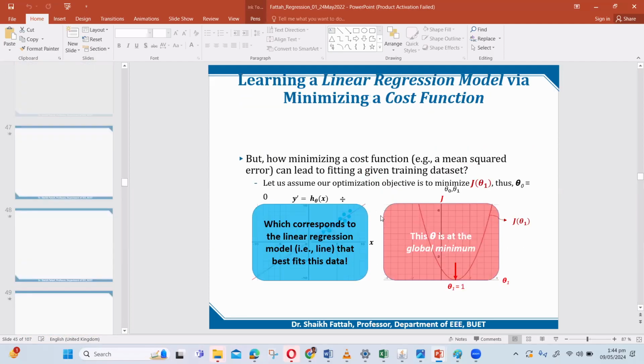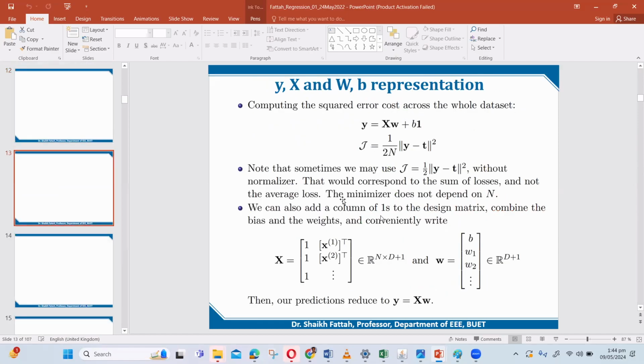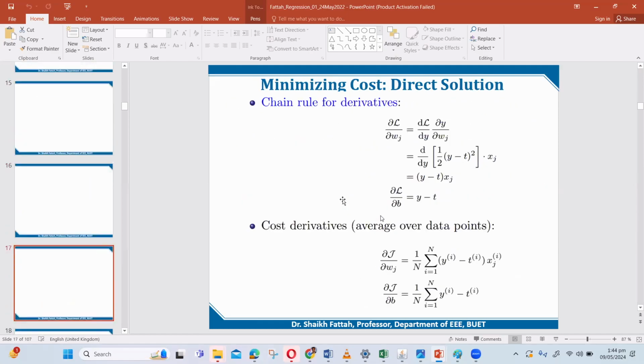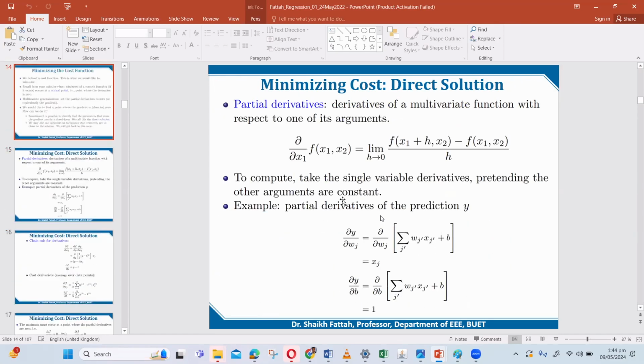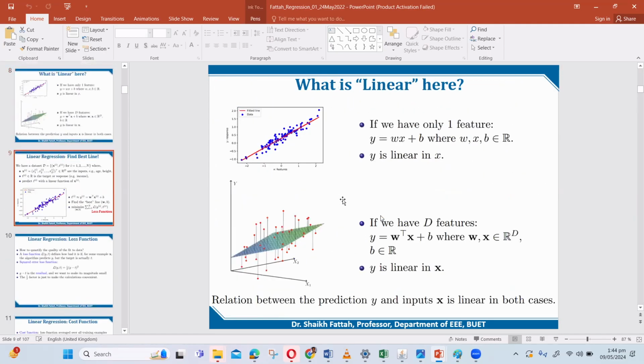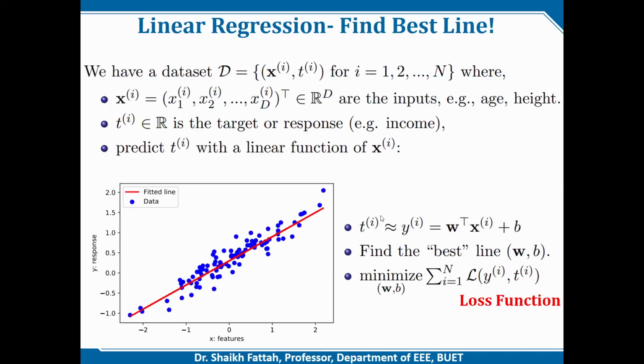So one problem is we are always assuming that our data is very well scattered, and we can always assume a linear pattern fitting, which is not always true. So you are assuming your data is like this, and that's why you are assuming linear regression.